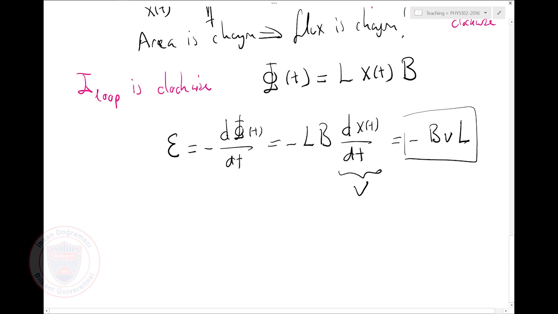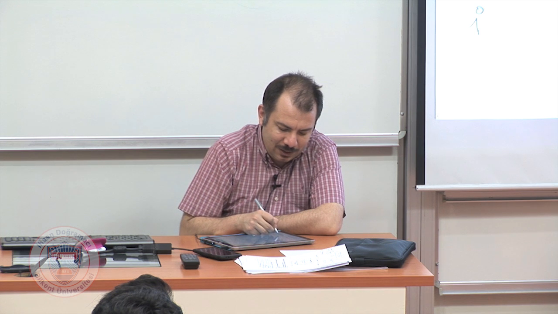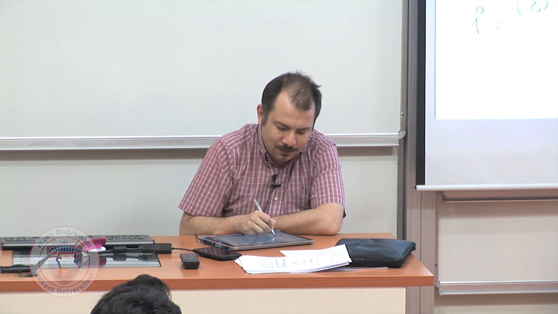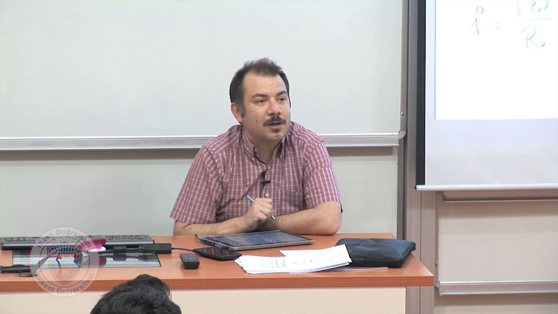Good. Now, how about this minus sign? Do I actually need it? It's just there to remind me of Lenz's law. If I've already determined the direction of the current consistently, then what I'm going to need is just its magnitude divided by the resistance R. Yes?